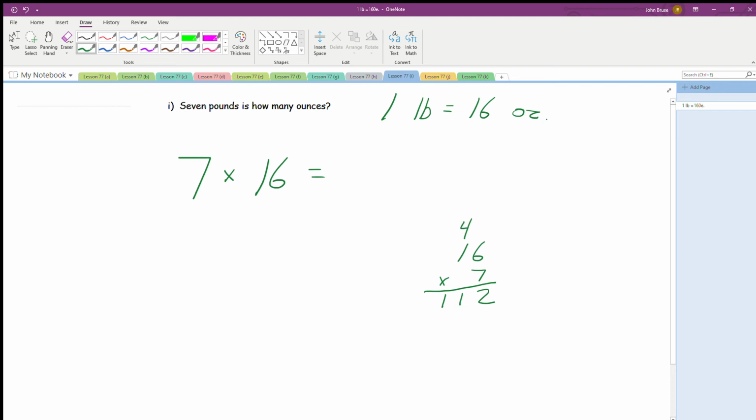So we're going to say 112, and it says how many ounces, so we need to make sure we label this, 112 ounces. Always remember to label. It's not correct if you do not label.